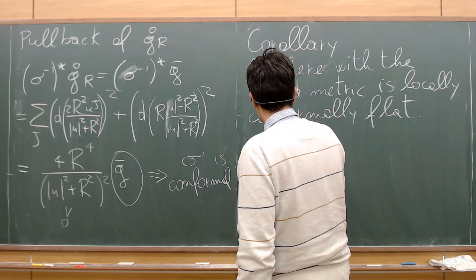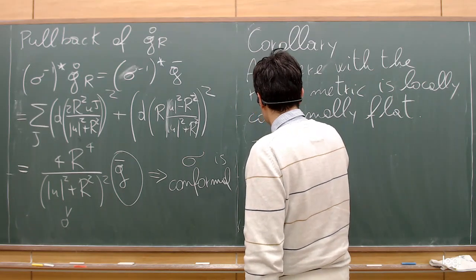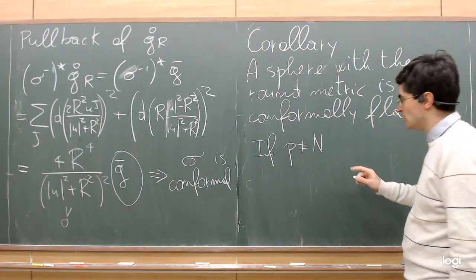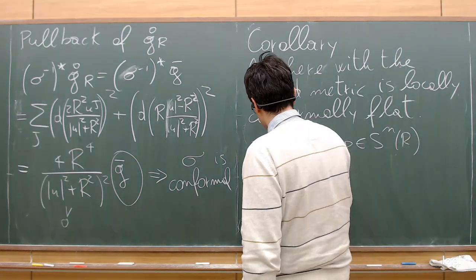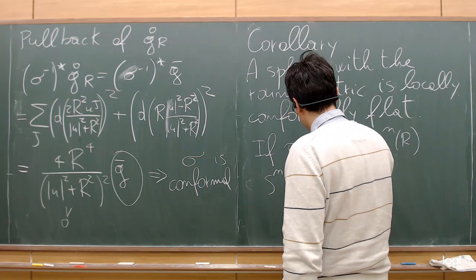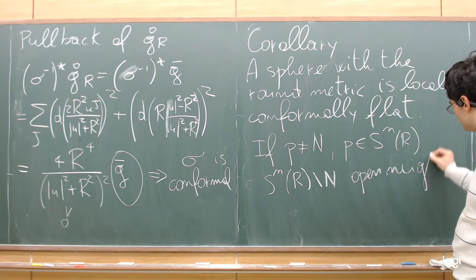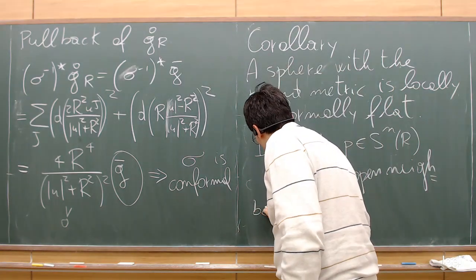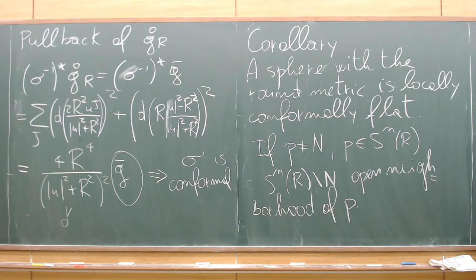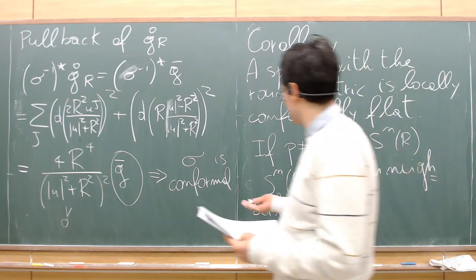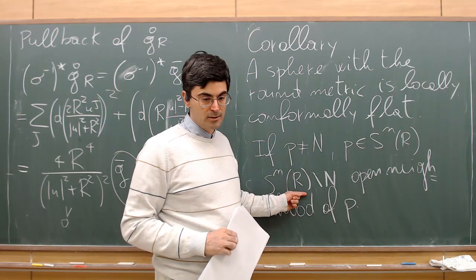Because if P is different from N, the North Pole, P in S^n(R), then S^n(R) minus N can be seen as an open neighborhood of P, and we proved that there exists a conformal diffeomorphism between this open set and the Euclidean space.